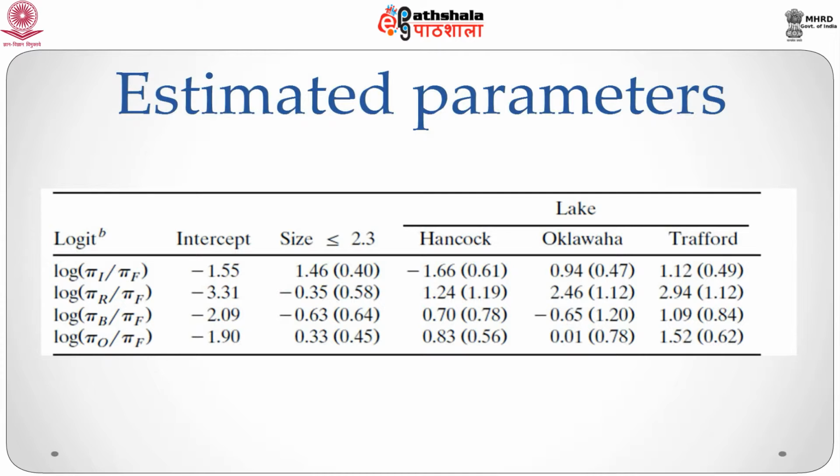Fish is the most common food choice, and we can estimate the effects of lake and size on the odds that alligators select other primary food types instead of fish.